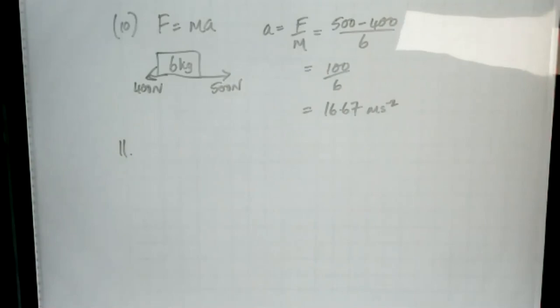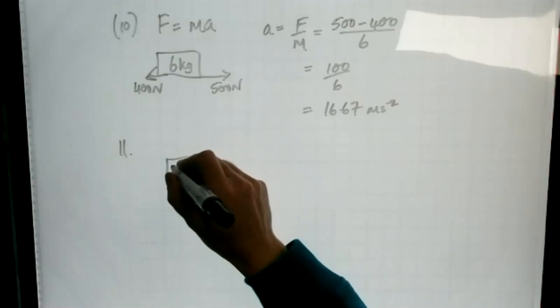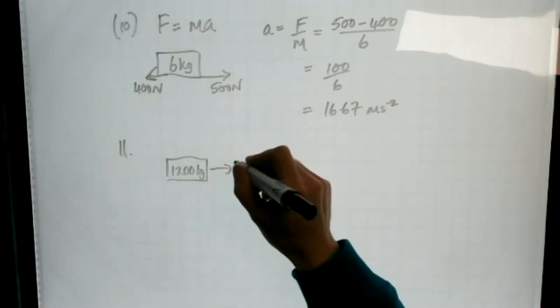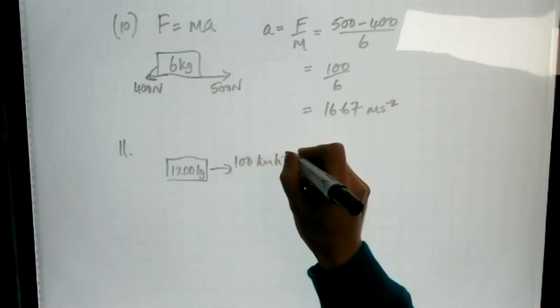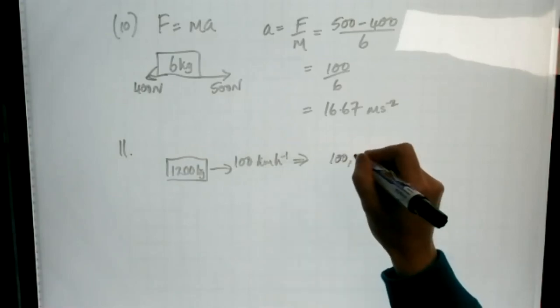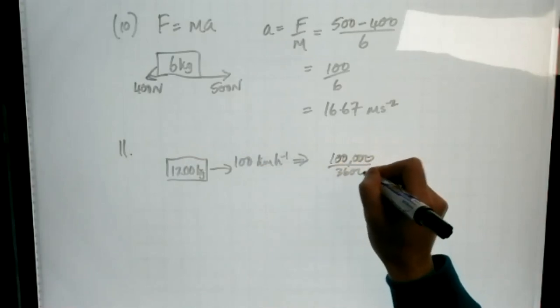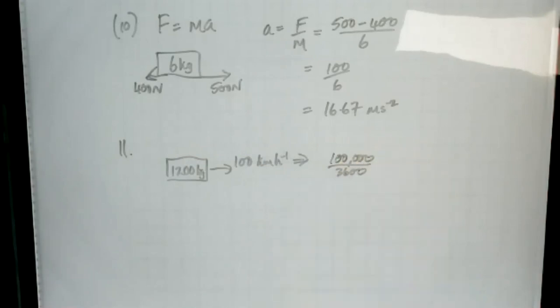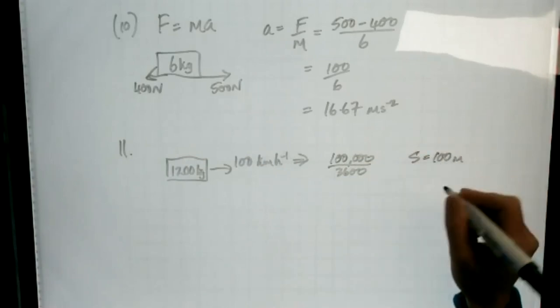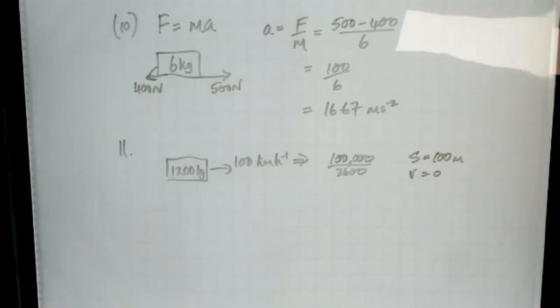A car of mass 1200 kg is traveling at 100 kilometers per hour, which we convert from kilometers per hour to meters per second. The car gets to stop in a distance of 100 meters, so s is 100 meters and v is 0 because it comes to a stop.